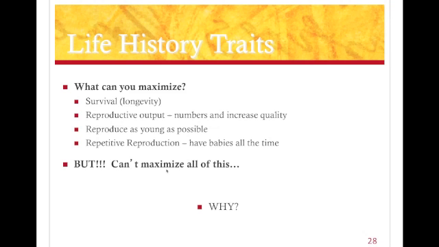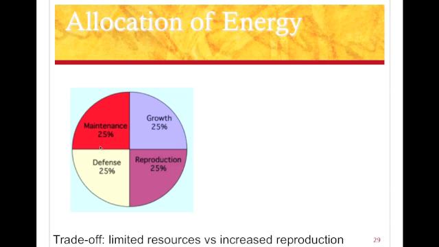But that means you're going to be shortchanging yourself in the other three measures: in reproductive output and the quality of reproductive output, and also in how frequently you can have those babies. So this is all about energy allocation. Again, as a lion, let's say, or a gazelle, or whatever animal you want to think of, you can only eat food and transfer that food into usable material so quickly.